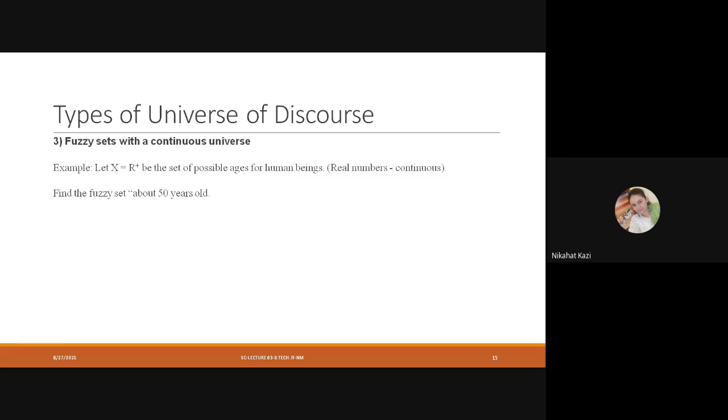How will I form this fuzzy set? Can anyone tell me?